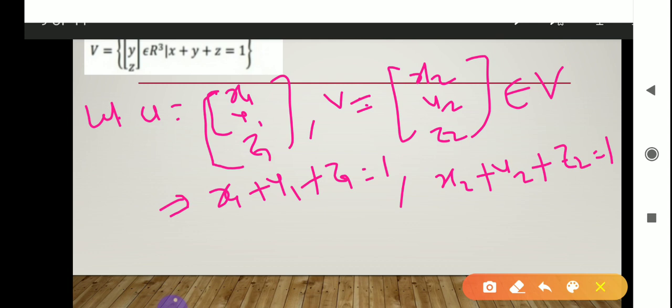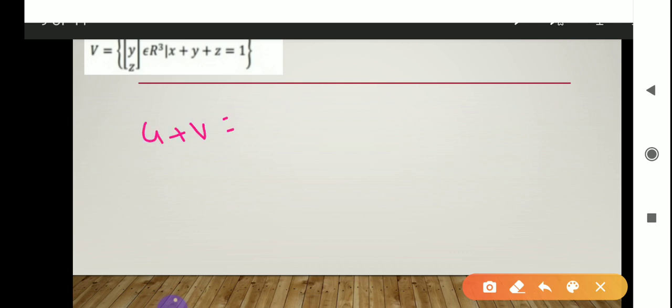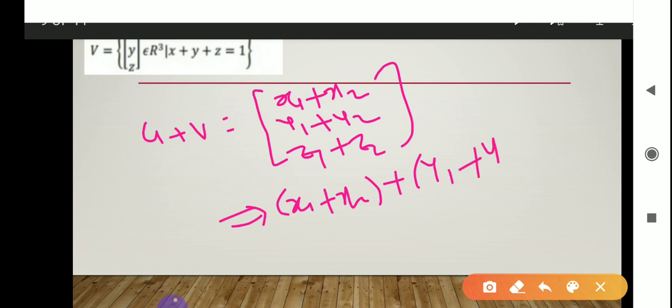So if we take addition of u and v, then we will get u plus v is equal to addition of the two matrices (x1 plus x2, y1 plus y2, z1 plus z2). Okay, so using this we have to check here x1 plus x2 plus y1 plus y2 plus z1 plus z2.